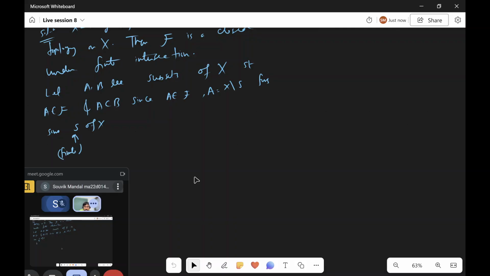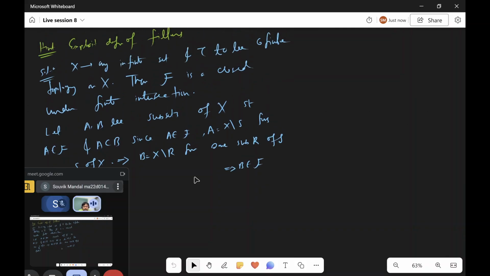Then B is the complement of X minus R for some subset R of S, which implies that B belongs to script F. So that is the argument.